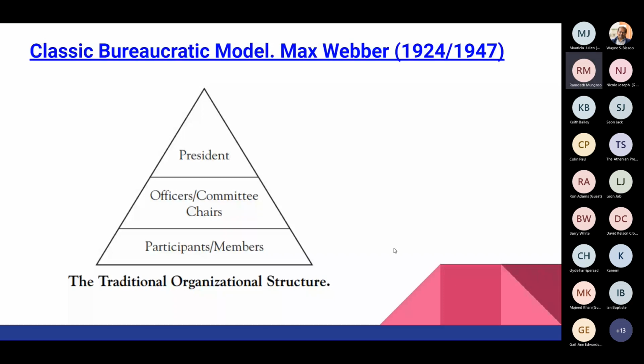In this model here, we see the president at the highest point, and we have officers or committee chairs at the middle, and we have participants or members at the base. Now, this is known as the classic bureaucratic model of an organization.